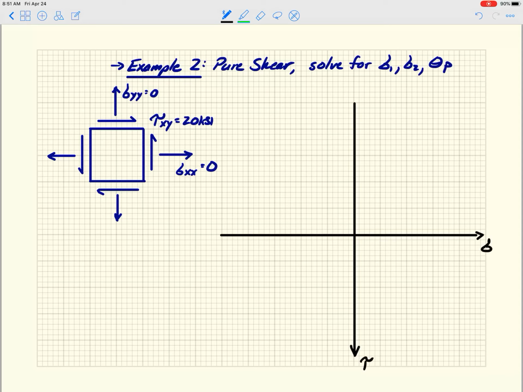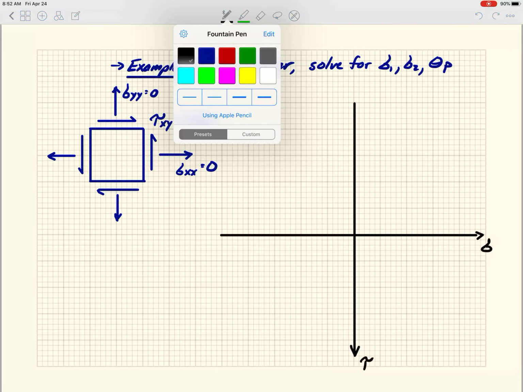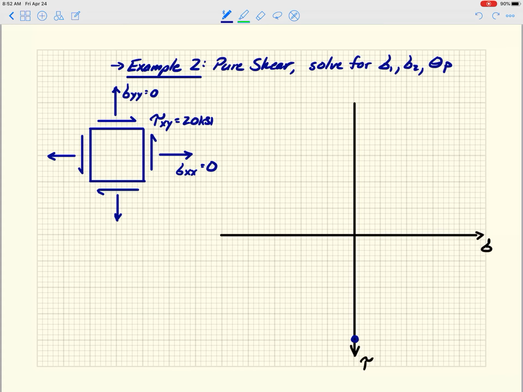Okay, so first step is we're going to plot our point 1, which in this case is this 20 ksi, and 0. So that point 1 is going to be right here, 0, comma 20. And then the next thing we're going to do is plot this guy up here, which is going to be 0, comma minus 20.